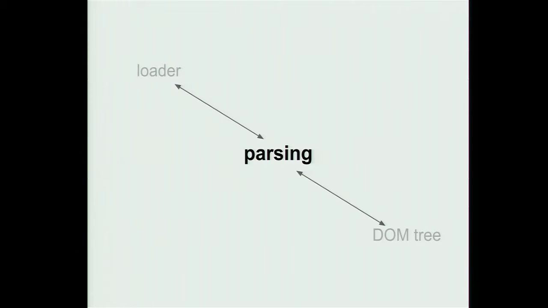And it also will identify sub-resources, images and JavaScript and CSS, anything that's coming from outside the original URL that you were given. And it feeds those back to the loader to either initiate new network connections or to put it in the queue for processing because you don't want to hammer a website with a million open connections.